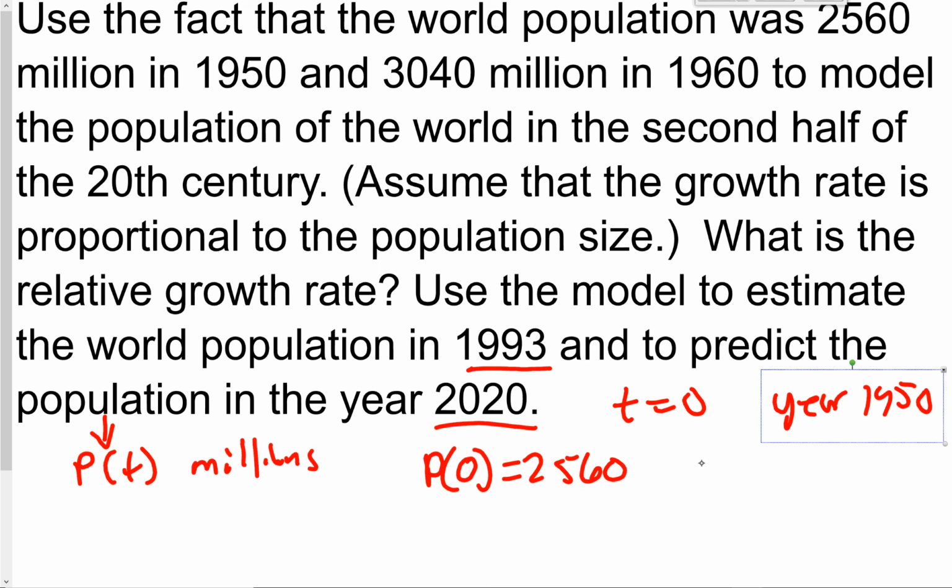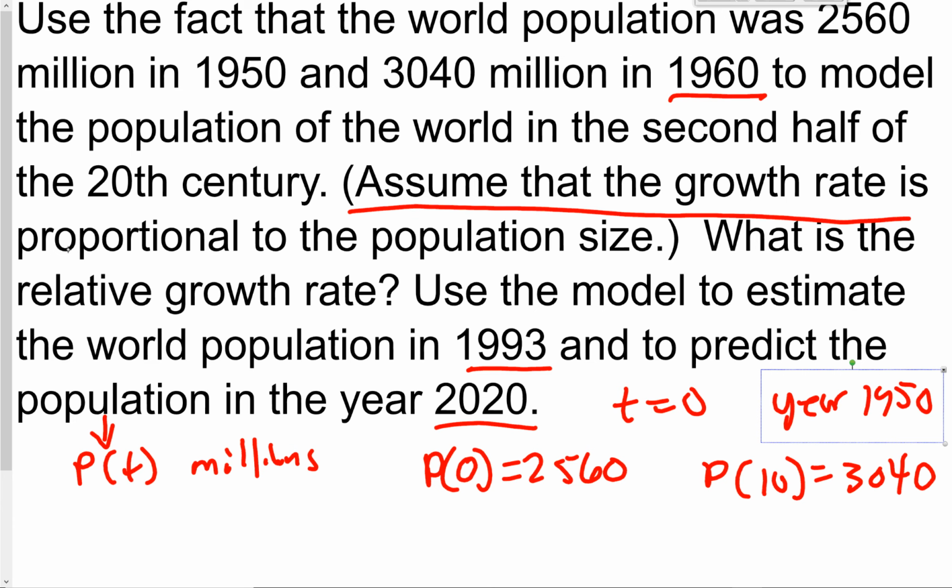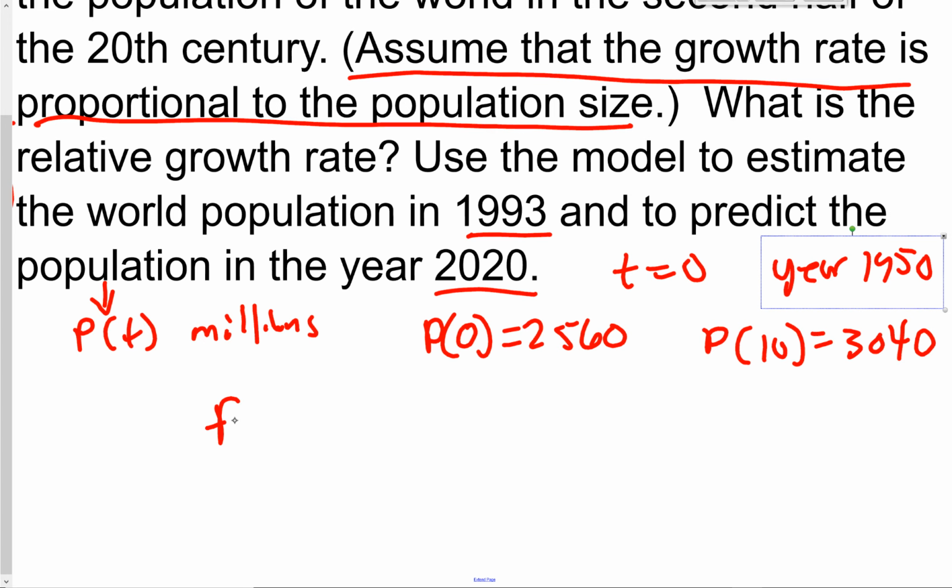And then the population 10 years from there, which is 1960, would be 3040 million. Since we're assuming it's proportional, our derivative, p prime of t, is some constant times our population, right?